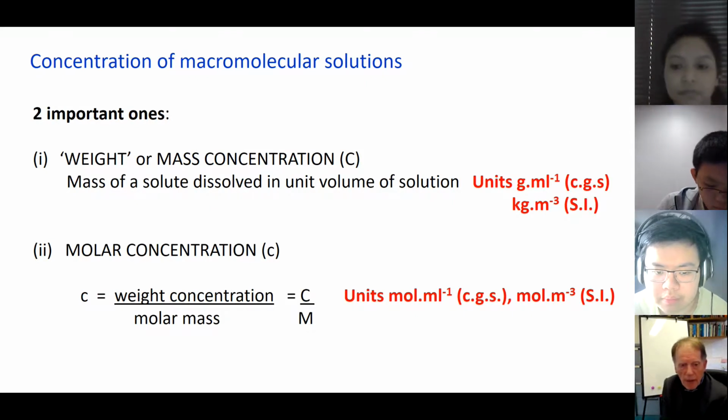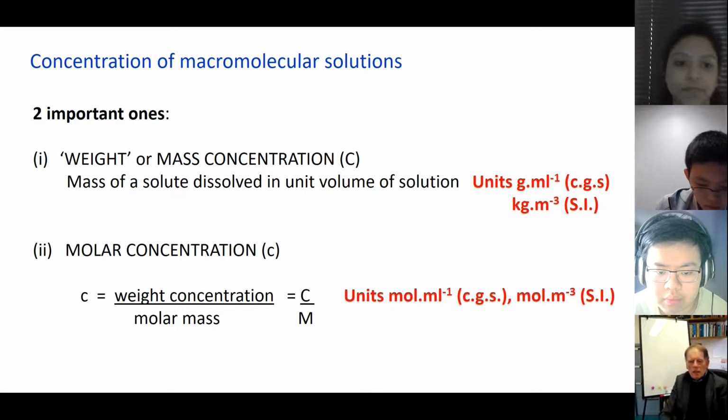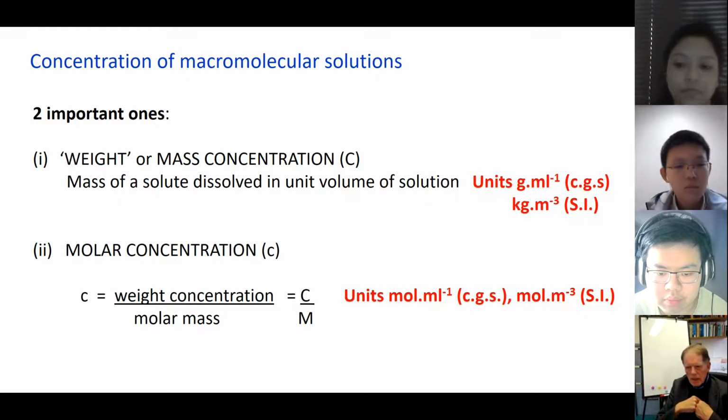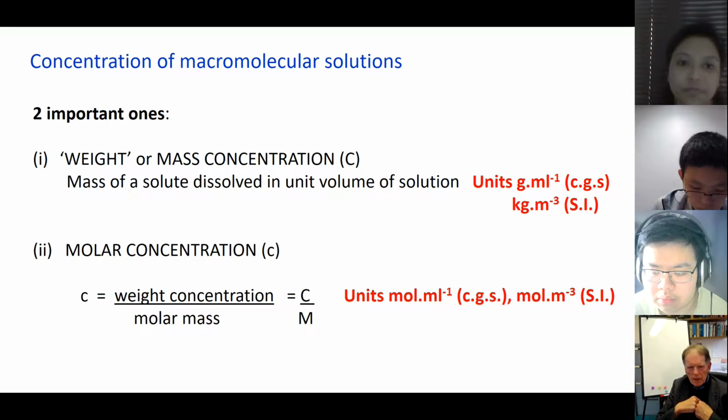It could be a controlled environment with a controlled pH. Let's just assume that we can dissolve our macromolecules into this aqueous, watery situation. Then how do we represent the concentration of material that's dissolved?